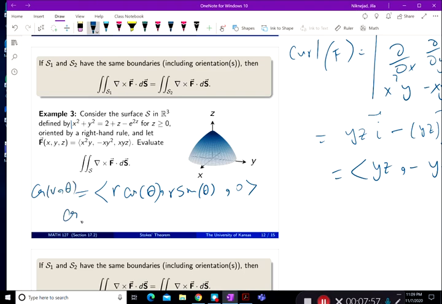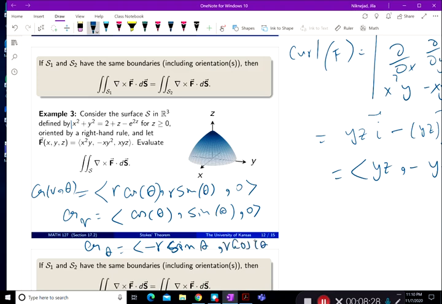Now g sub r is going to be cosine theta and sine theta and 0, and then g sub theta, the partial with respect to theta, is going to be negative r sine theta and r cosine theta and 0.